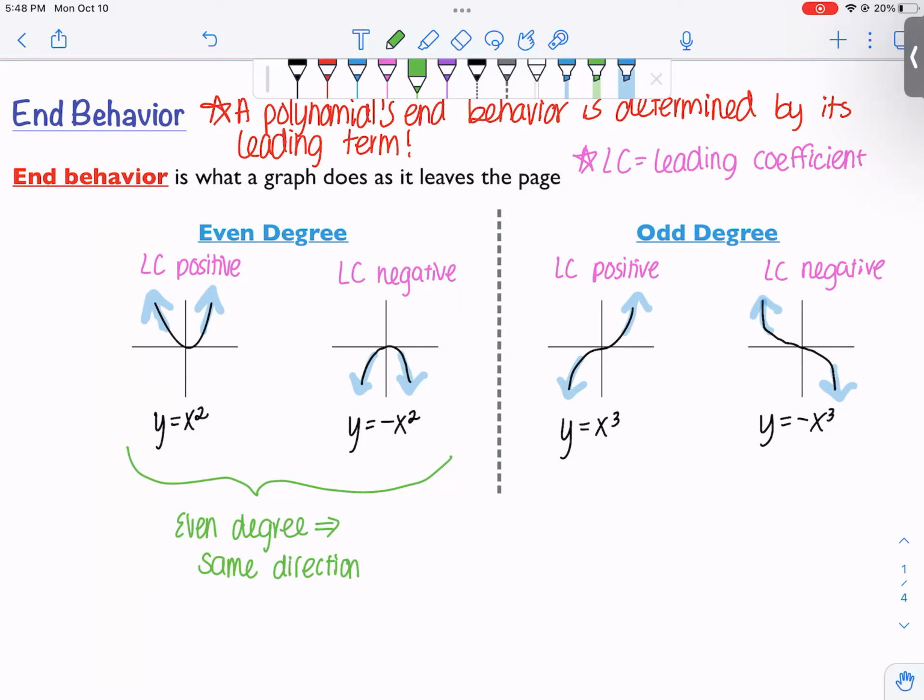An odd degree, I like to think, odd people do things different. An odd degree polynomial has the graph leaving in opposite directions.